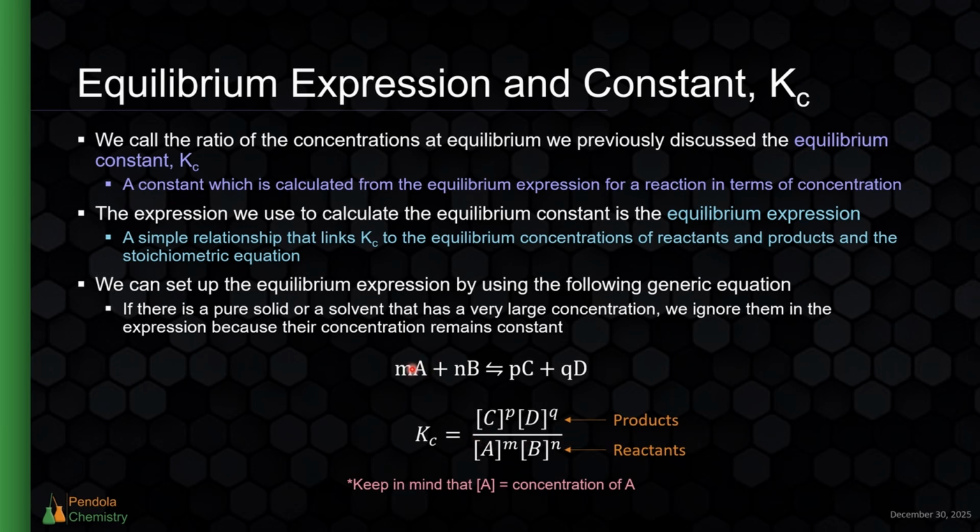So we have the concentration of A to the M as an exponent, the concentration of B to the N as an exponent. That's what we call the equilibrium expression. It's a simple relationship that links Kc to the equilibrium concentrations of reactants and products and their stoichiometric equation. This is the official definition.